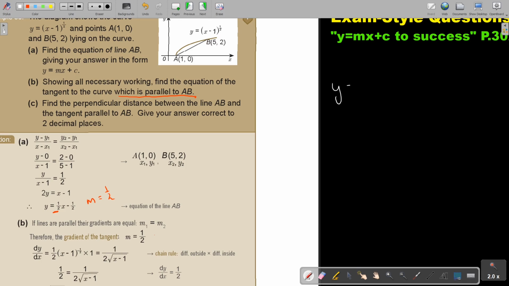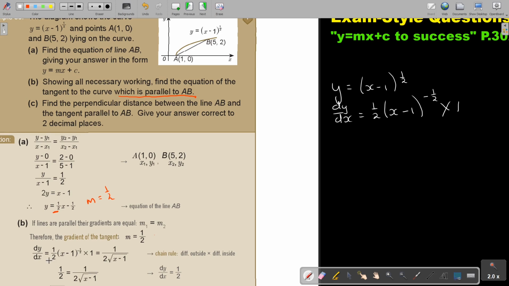If it was y equals (x minus 1) to the power half, this is the chain rule, but first differentiate the outside. So it's a half, then (x minus 1) to the power of a half minus 1, or minus 2 over 2, is negative a half, and you multiply with differentiating the inside.